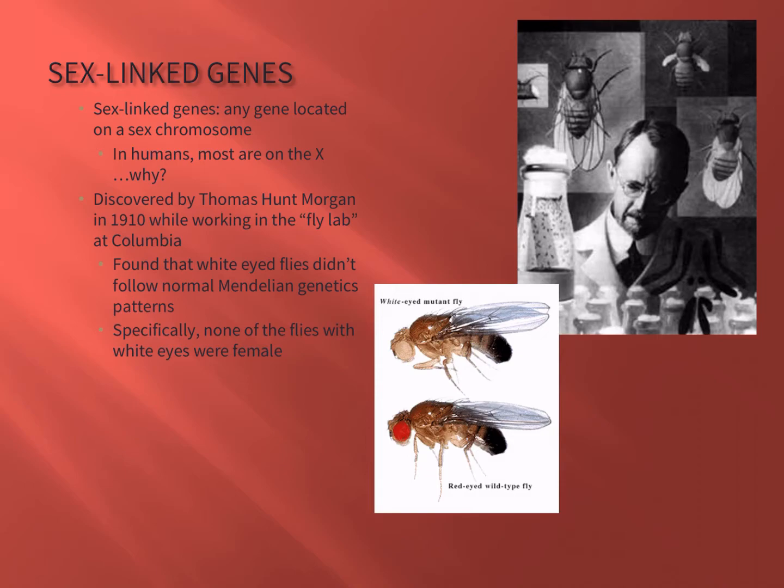They both have the X chromosome. So if the important genes or the sex-linked genes are located on the X, then we can assure ourselves that nothing goes missing with the males when they drop an X, essentially.